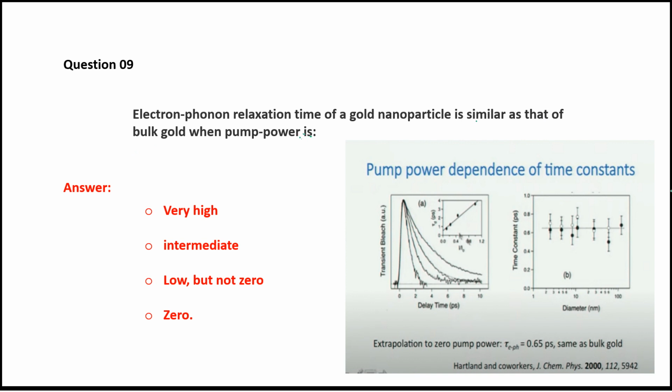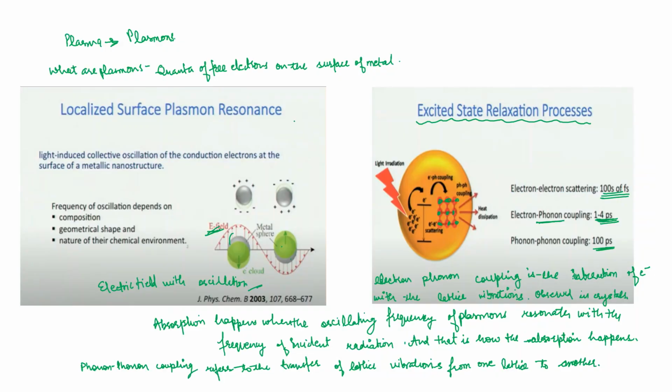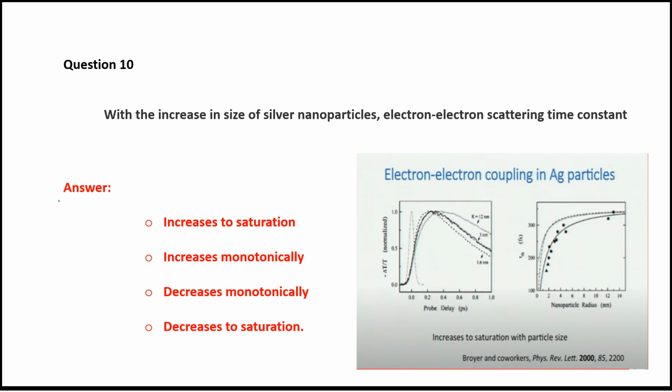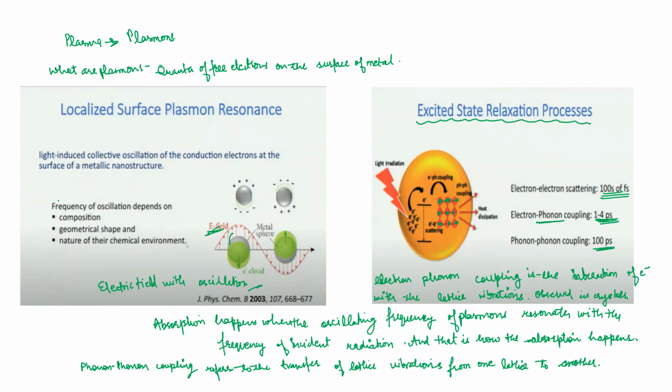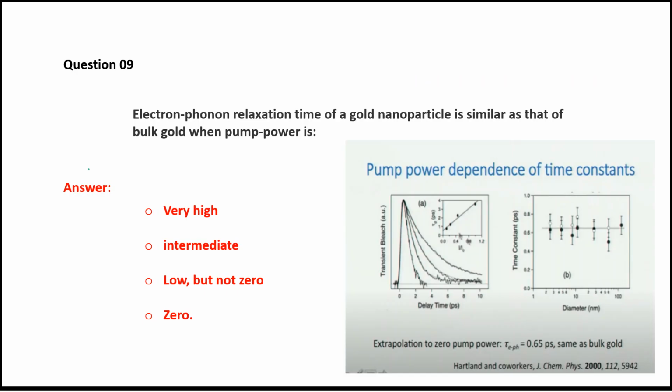Okay. So, initially in this picture, we could also say that this frequency of oscillation depends on three factors. The first one is the composition.